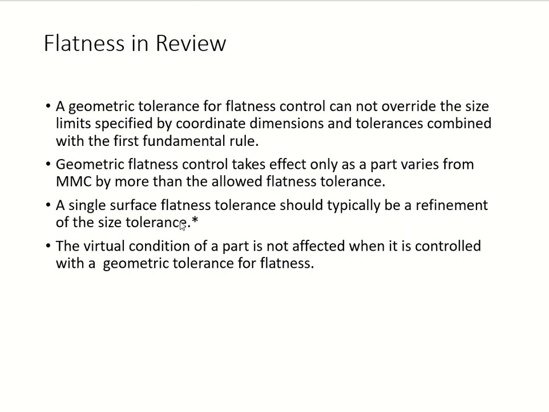This is just showing you how your flatness tolerance is related to your size tolerance. You have two different tolerances, by the way. You can see the zone; we've been looking at the same two things again and again. And your VC, your virtual condition of a part, is not affected when it is controlled with a geometric tolerance for flatness.